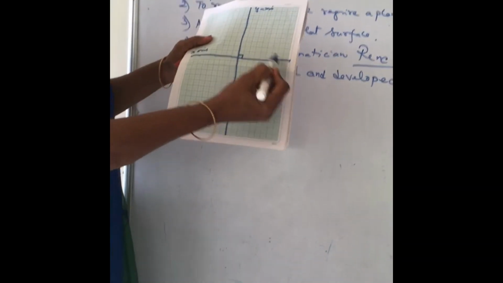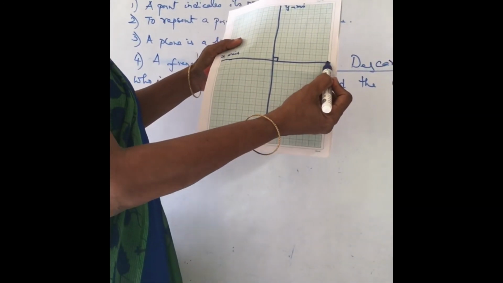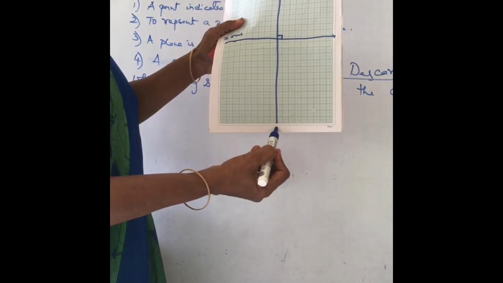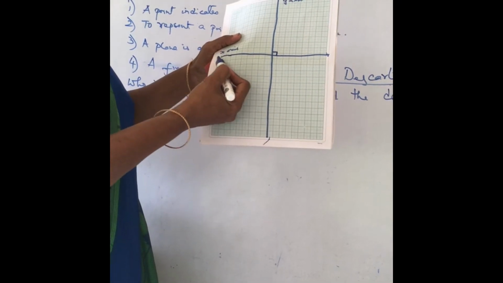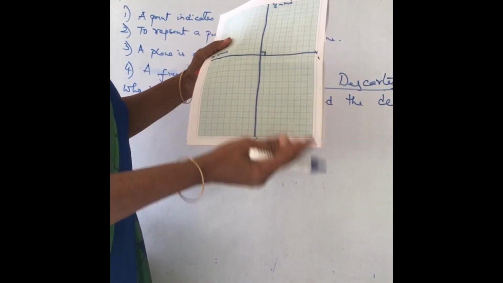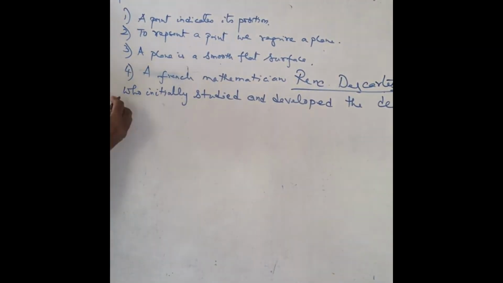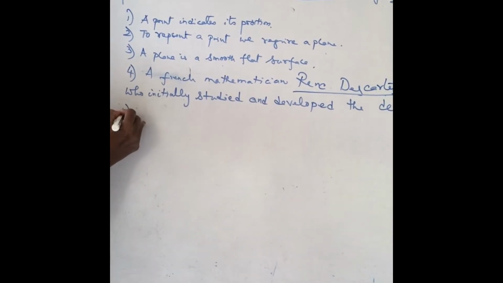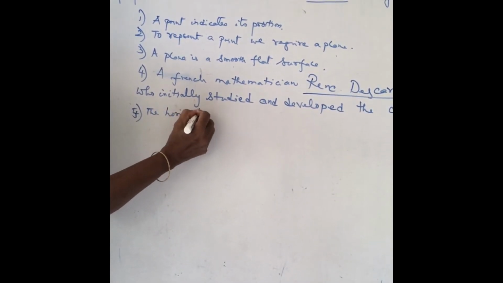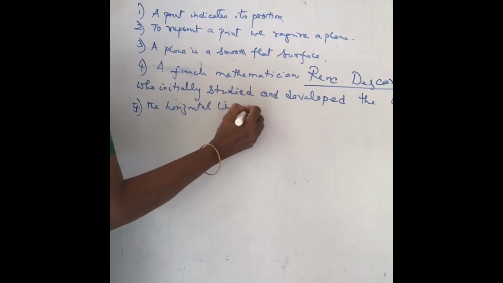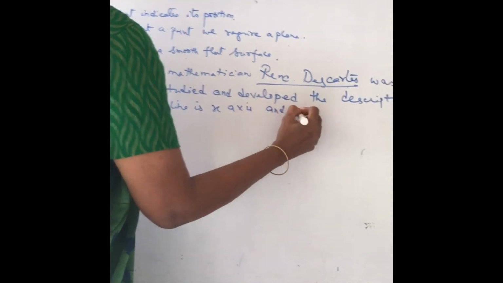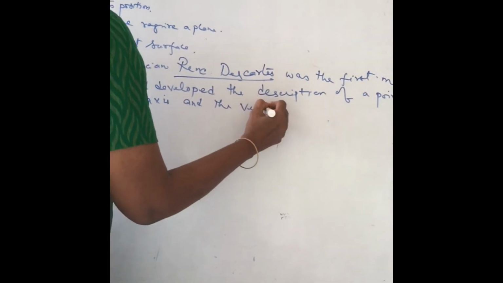I think you know the meaning of the word horizontal line and vertical line. The horizontal line is called the x-axis and the vertical line is called the y-axis.